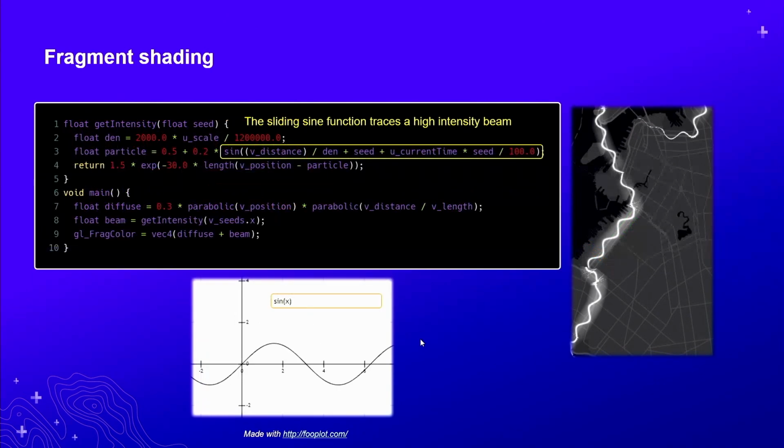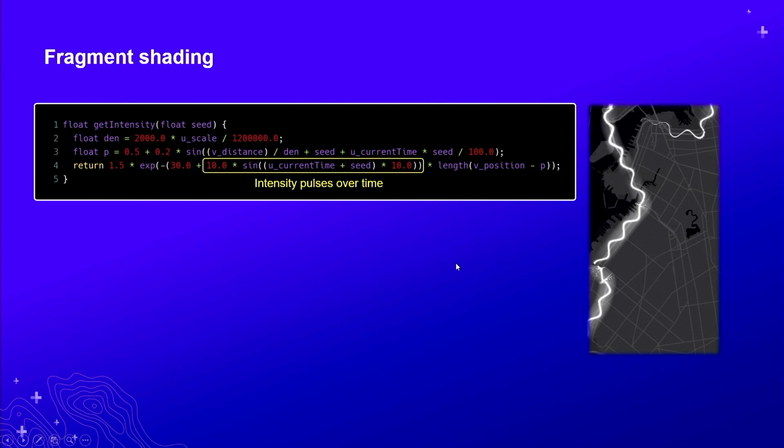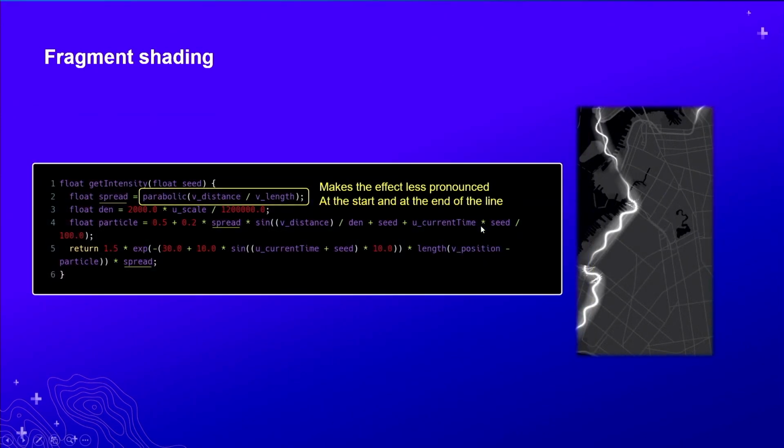In addition to this, we use a time-dependent sine function to trace a high-intensity beam. And we also use a sine function to make the brightness, the intensity, pulse over time, and again make things more lively and interesting.